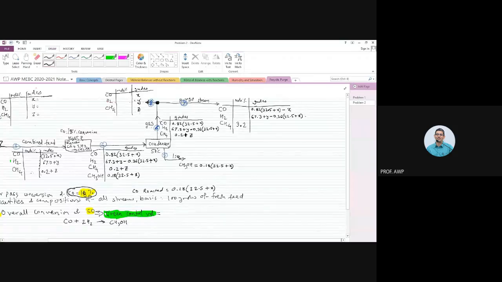Therefore, purge will contain this minus Y. And methane 0.2 plus Z comes in, minus Z which goes as recycle stream. So stream number 7 would contain 0.2 plus Z minus Z. Is that what you're saying, Nishan? Yes, sir. Anybody has any doubts? If you have any doubts, you can just unmute yourself and ask.